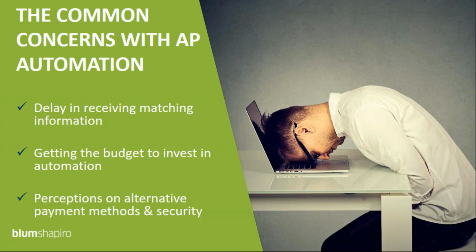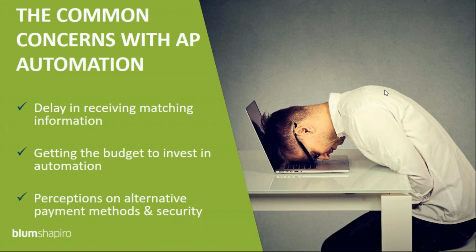One is the delay in receiving matching information. Rather than creating a bottleneck in your AP process, automation can extract that information from the invoices in various file formats, thus reducing the manual effort of transferring that invoice information into the accounts payable workflow.